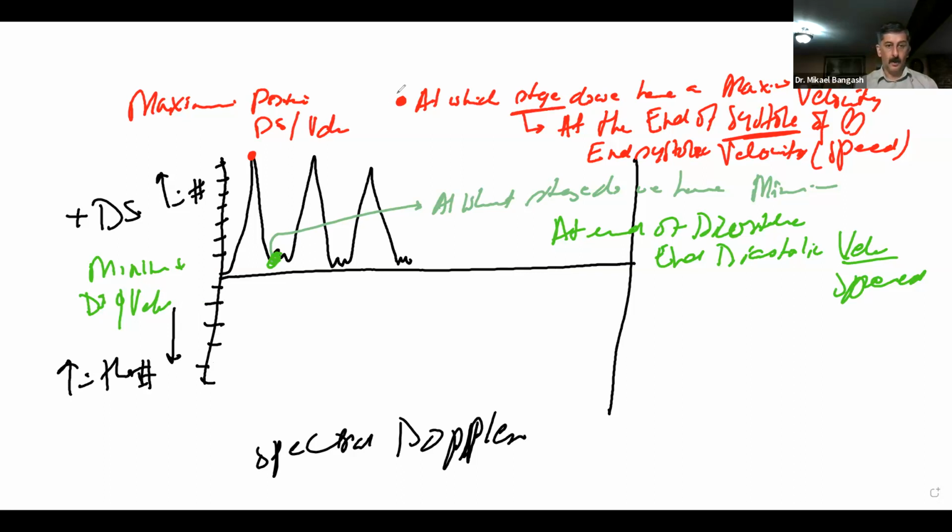Although these are going to be negative Doppler shifts, the actual value of the number 10, 20, 30, 40, 50, 60 is going to increase, because in Doppler the plus and minus mainly only indicates the direction, right?